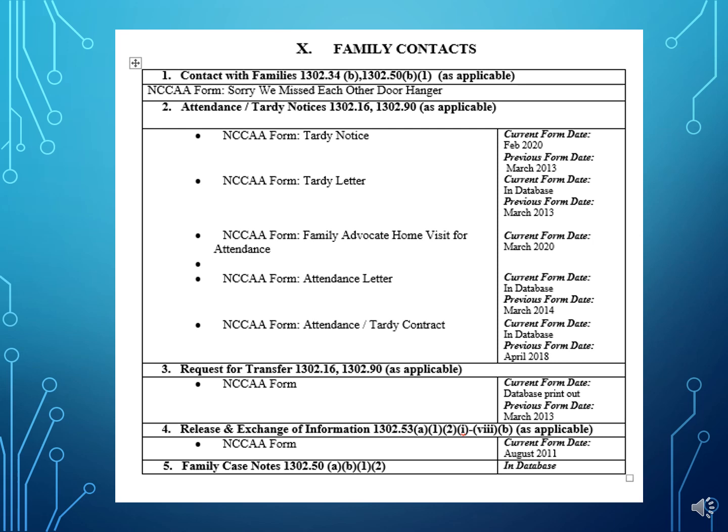Then the next section that is under ERSEA will be family contacts. So the first thing that you'll see on the table of contents is the contact with families, and that's the door hanger. That is what we use when we have to do a visit for a child that has not been in attendance and we've not had contact with the parent.